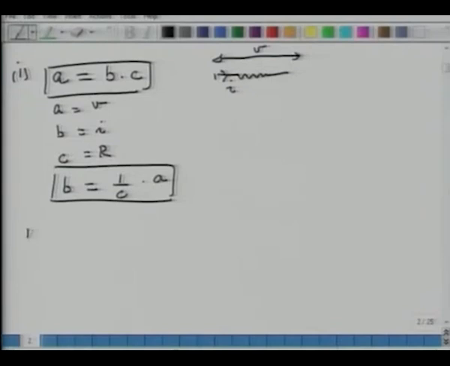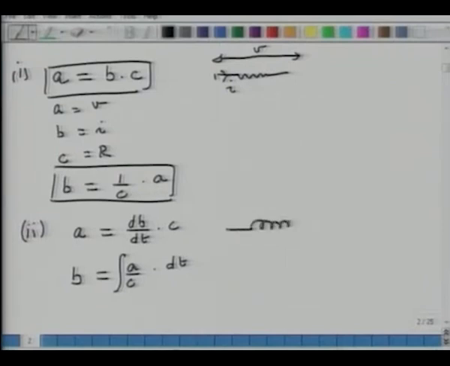Let's look at another two-terminal element. In this case, the across variable A is equal to the time derivative of B times C, or B equals A over C dt if I integrate it. So again, if I map it to the electrical domain, this looks like an inductor.